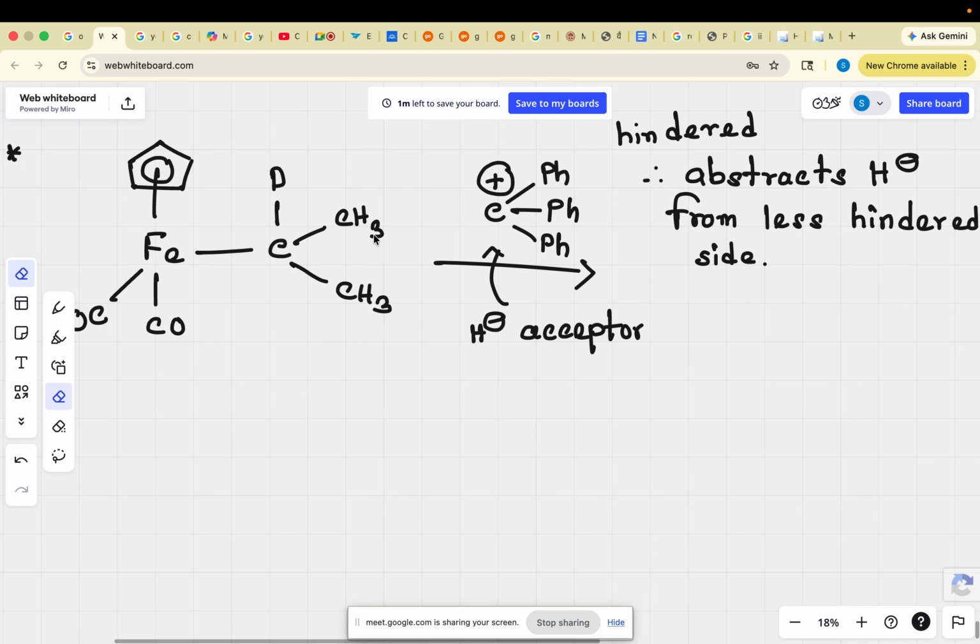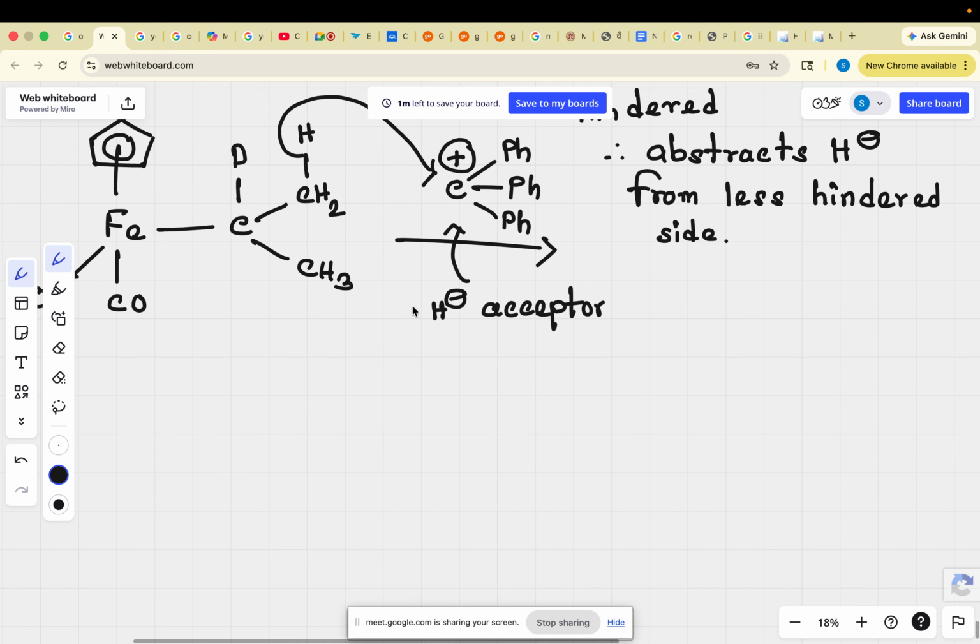If you have a methyl group, basically I can show it like this, that CH2 hydrogen. What will happen is this hydrogen is releasing as H minus and it is attacking the carbocation.